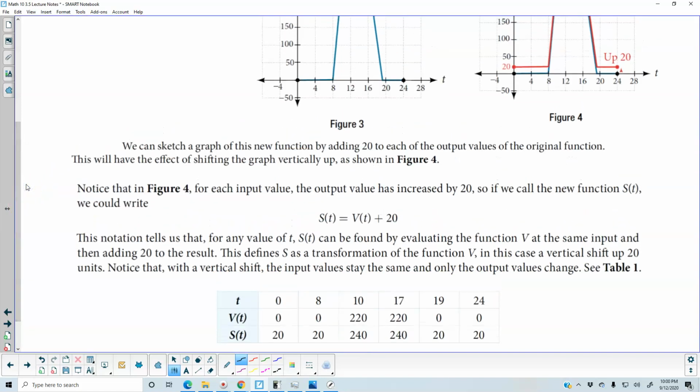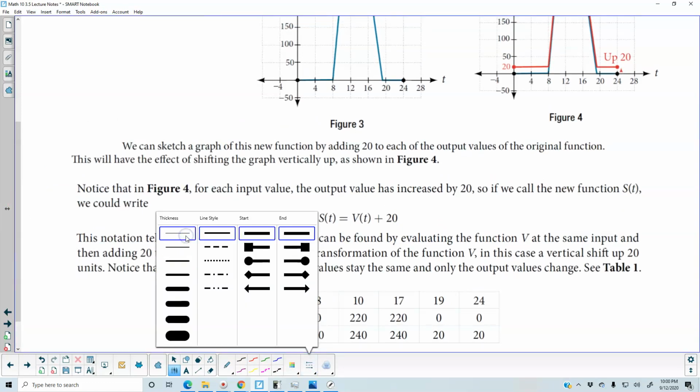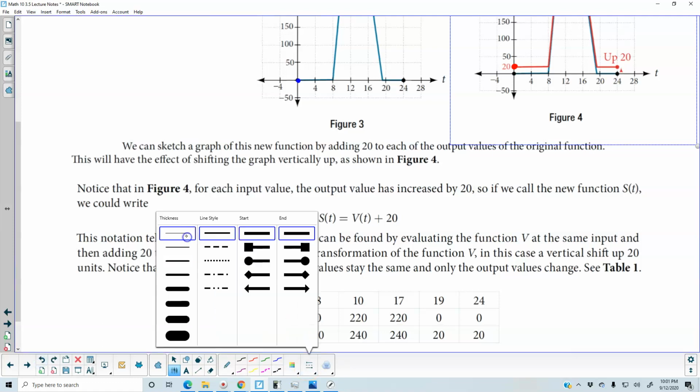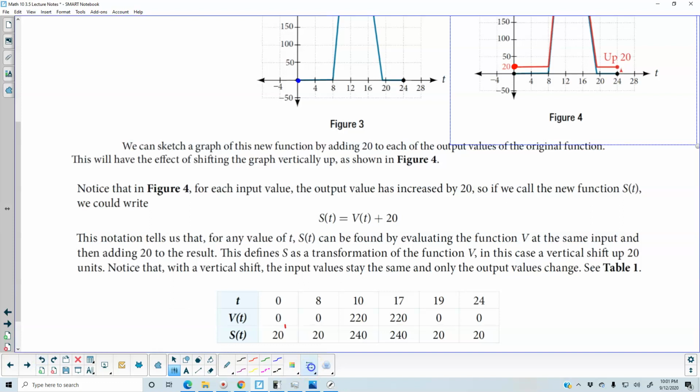So let's take a look at this. If you look at the first value here, we have 0, 0. Now in the next part, we shifted it up 20 units over here. So what we've done is we've added 20 to the y value in order to get the output now of 20.